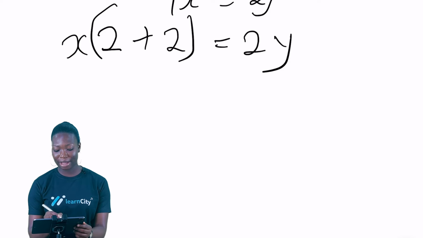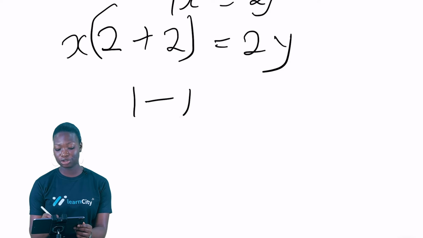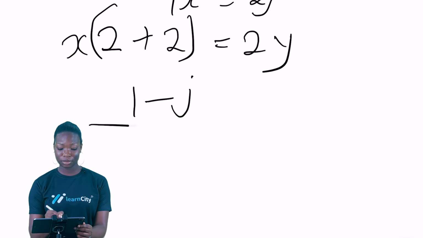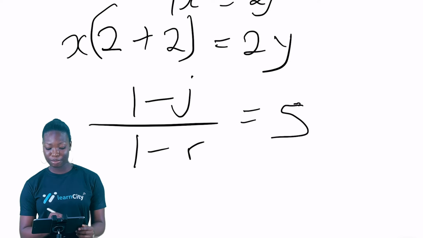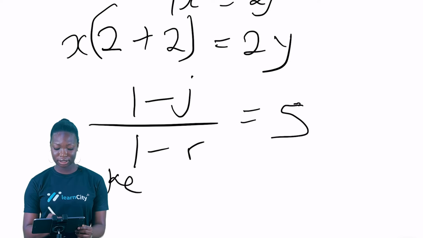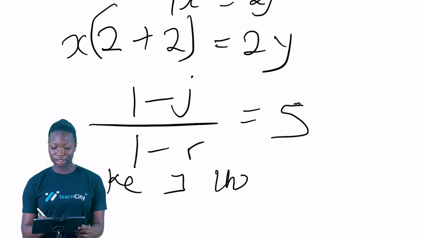Now, when we have 1 minus j over 1 minus r is equal to s, make j the subject of the formula.